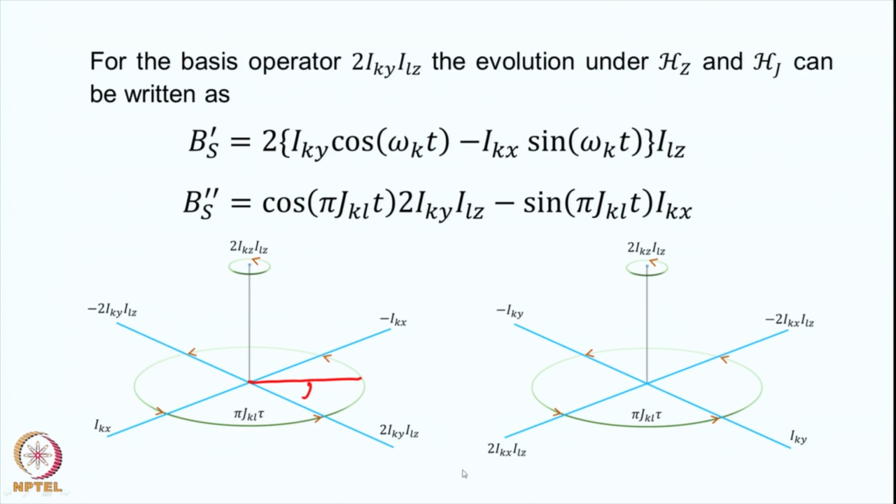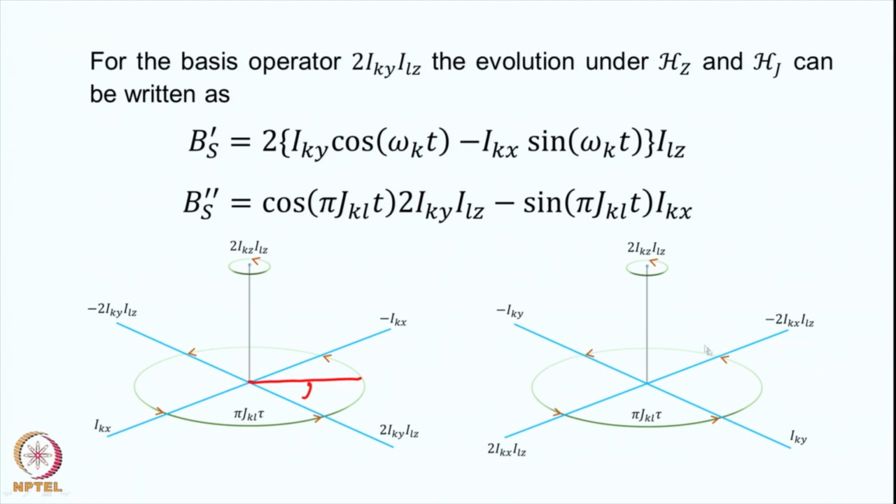If I were to write in a similar manner 2 IKX ILZ, I get here IKX going to IKY and IKY going to minus 2 IKX ILZ, and this continues to generate this portion here and the minus IKY here, like that.